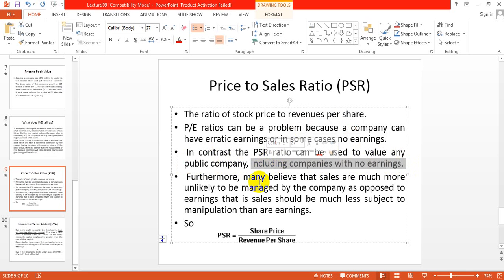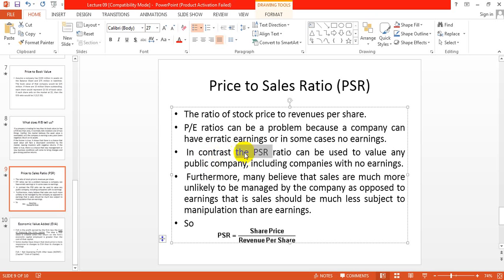For those companies that have earnings, we can calculate the price to earning ratio. But for those companies that have no earnings, we can't calculate the price to earning ratio. So for that purpose, we use PSR, price to sales ratio, because sales will almost always be more than 0.